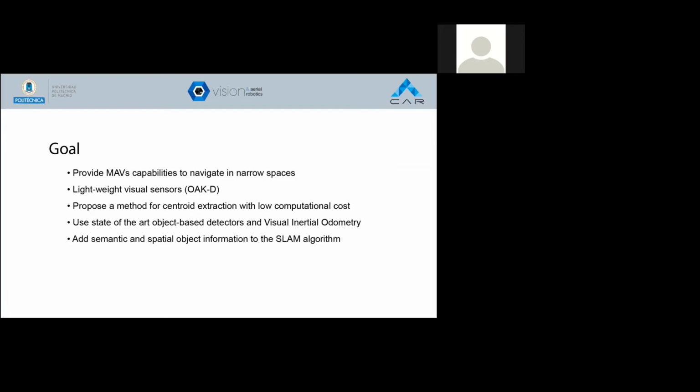We proposed two methods for estimating the position of objects in space by extracting the centroid. The semantic and spatial information extracted from these objects is then used in a SLAM algorithm for loop closure. State-of-the-art object detectors and visual odometry are also used along with the proposed object detection methods for estimating the position.